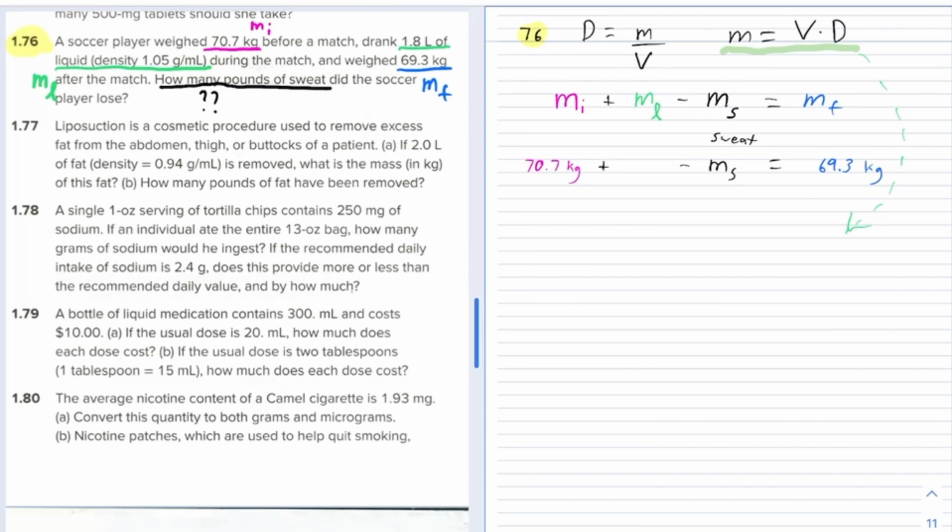So the mass equals the volume times the density, and the volume is 1.8 liters, and the density is 1.05 grams per milliliter.